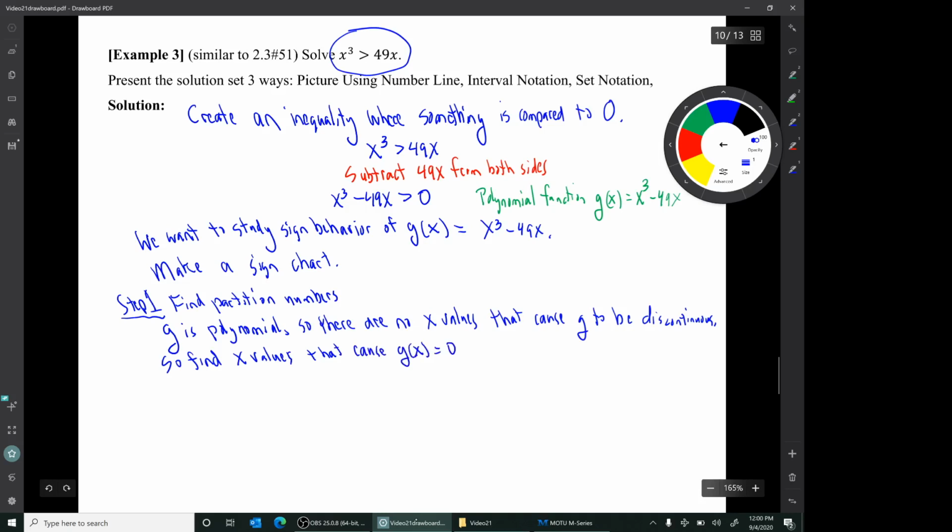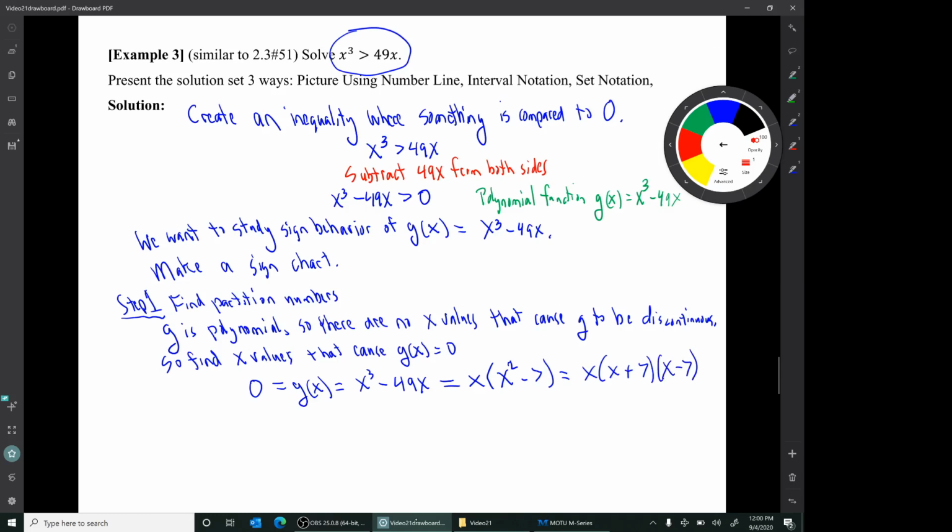So I'm going to turn this around. So in solving this equation, we factored, and we factored more. Now I'm going to note the partition numbers. They're x equals 0, x equals -7, and x equals 7.